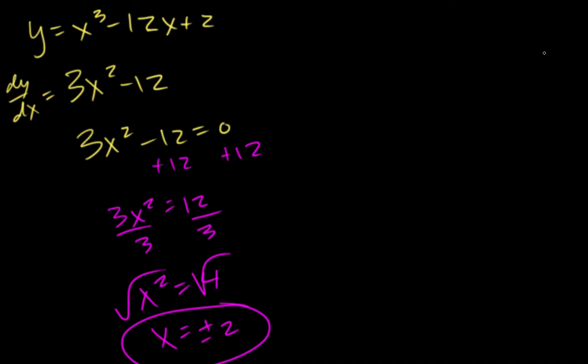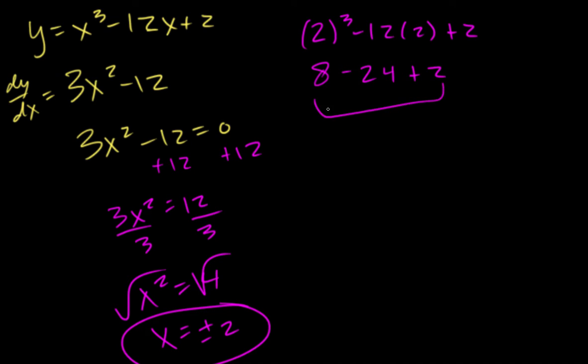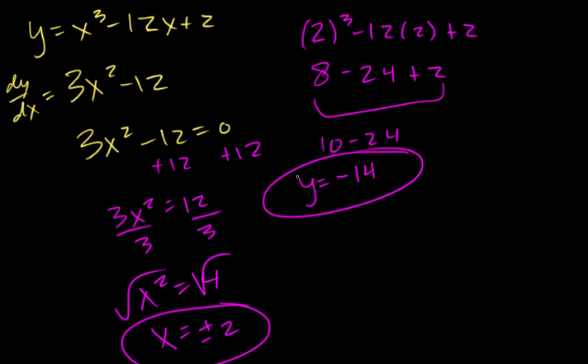So if we take that and plug it in, we're going to get 2 cubed minus 12 times 2 plus 2. So that's 8 minus 24 plus 2. Those add together, 10 minus 24. So we get negative 14. So that's the equation of one of the tangent lines.